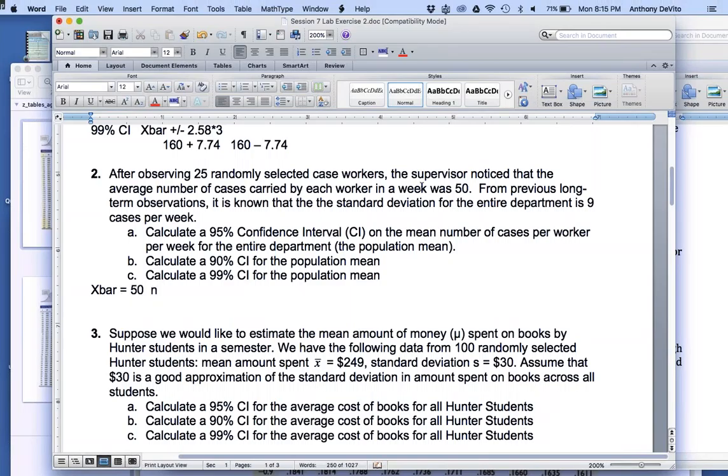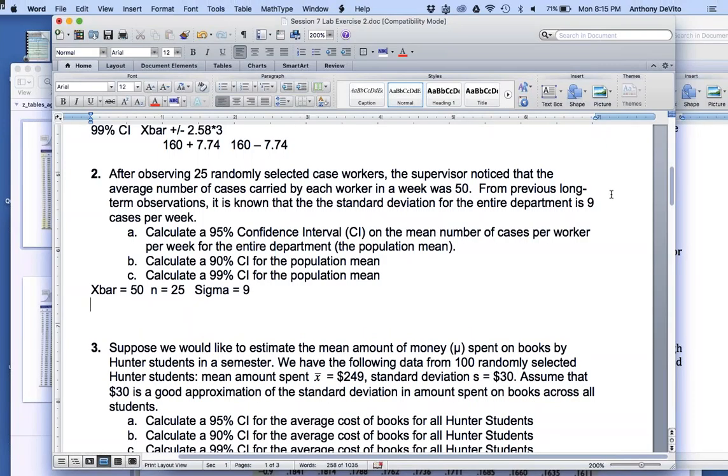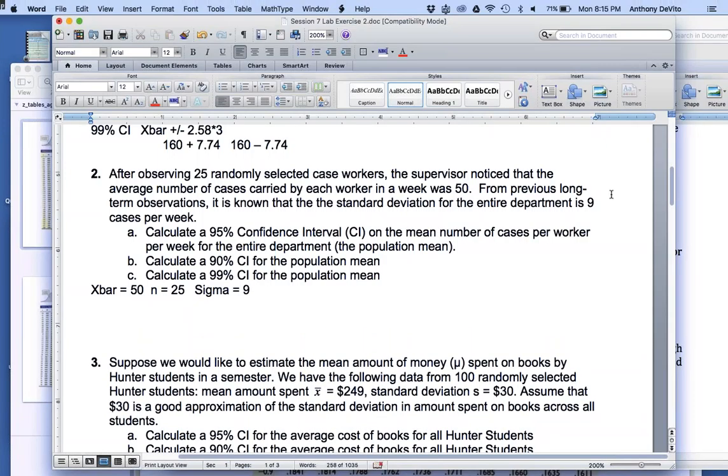And what is our sample size? Sample size is 25, right? And what is our standard deviation? Sigma, our population standard deviation. From a previous study, they know it's 9, right? So our 95% confidence interval is going to be equal to the mean, which is 50, plus or minus our margin of error, which for 95% is 1.96 times 9 divided by the square root of the sample size, which is 25.